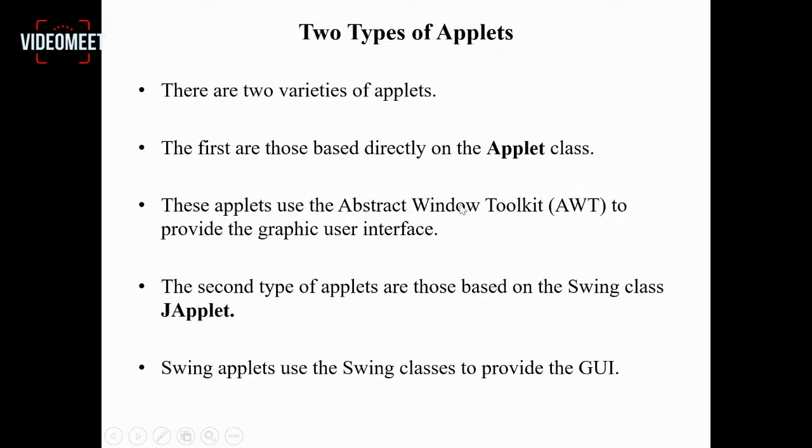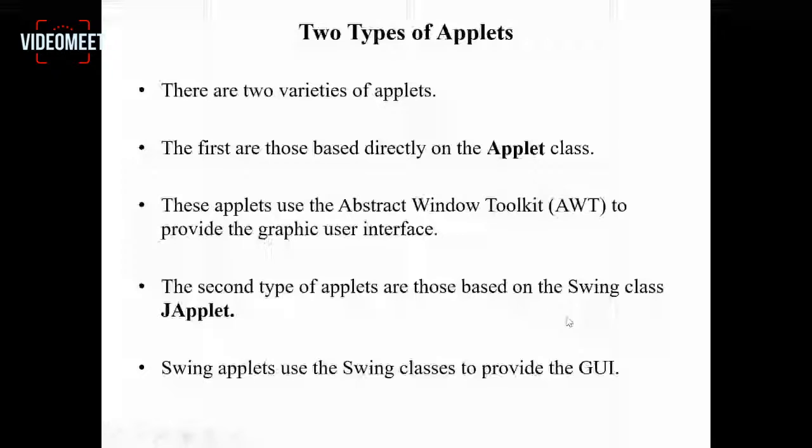If you have a Button class in AWT, then in Swing you have JButton. So you have two versions of all these classes. One version is part of AWT, and the other one is part of Swing. So applets can be created either using AWT's Applet class or the Swing-based JApplet class.